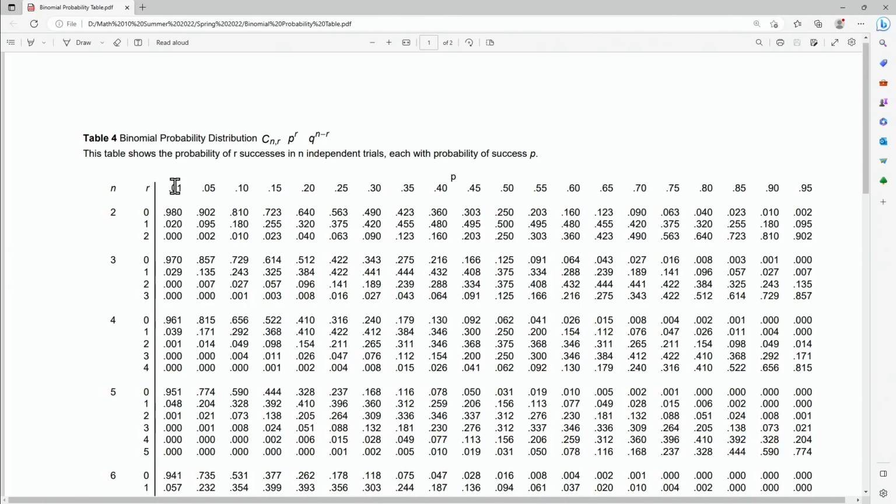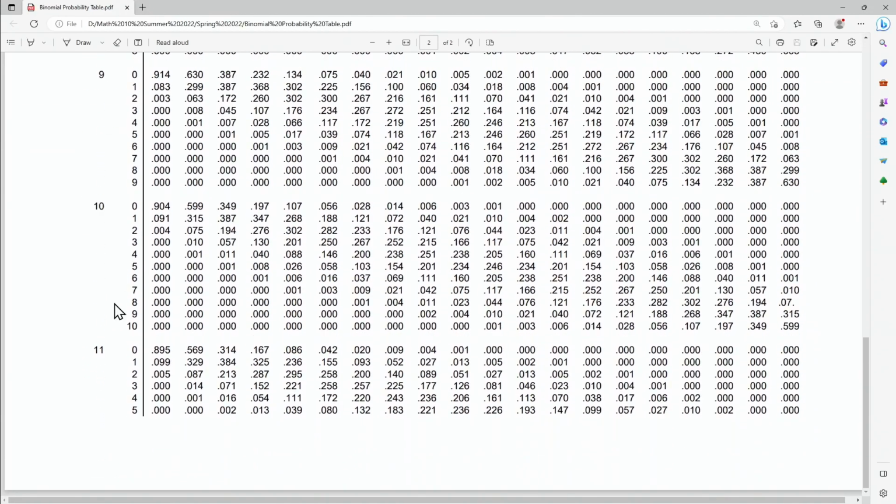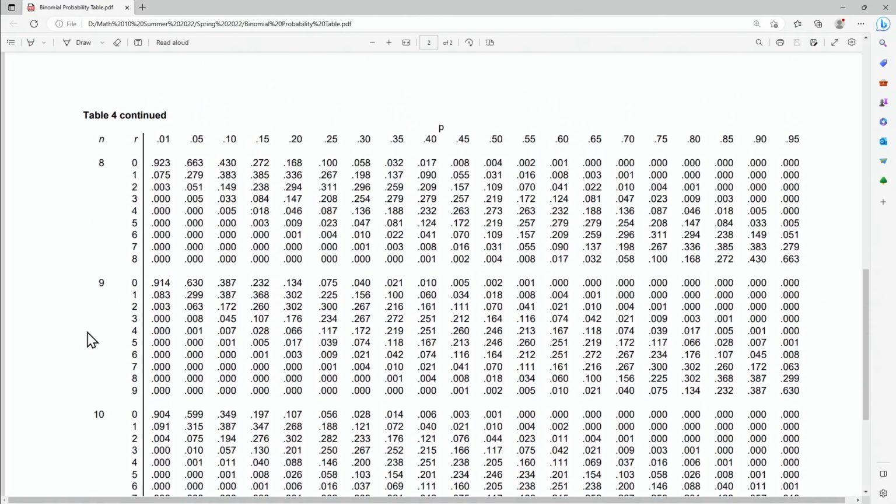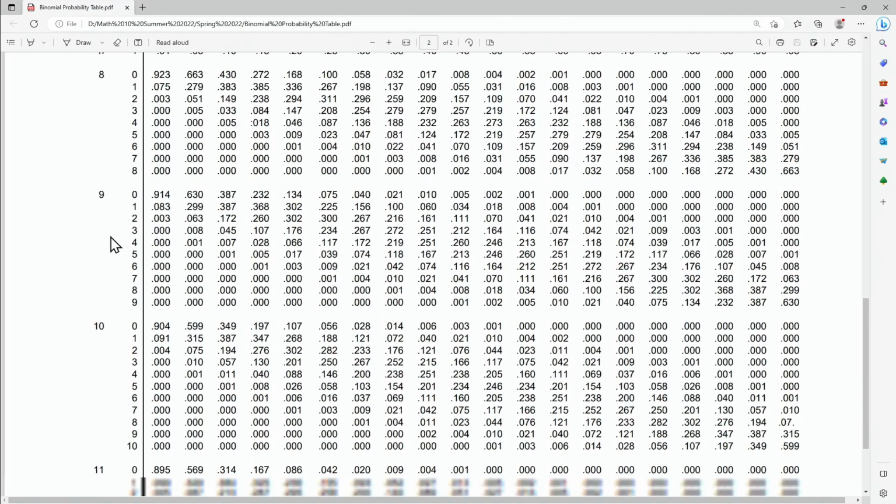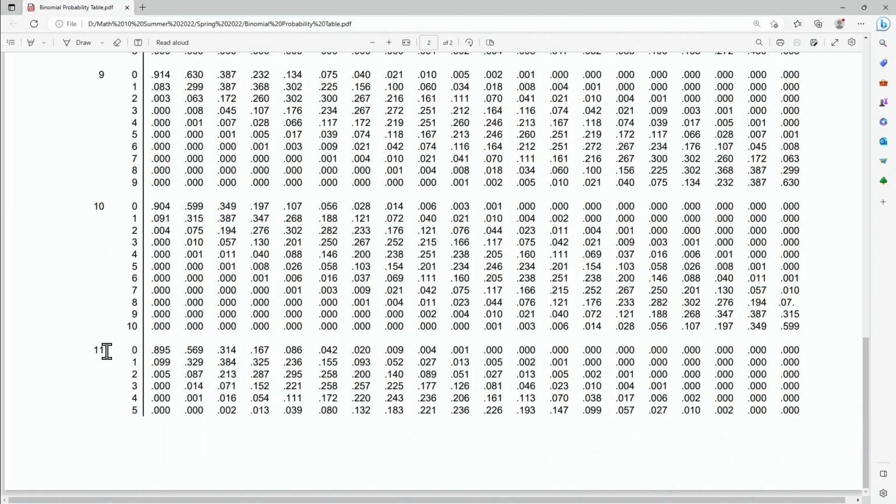But like I said, do notice that this is only going to work for certain values of P and also certain values of N. On this table, N only goes to 11. And then the one in our book, N only goes to 7, I believe, or 8, maybe. This one happens to go to N equals 11, though. But for N equals 11, it doesn't even include all of them at the bottom.